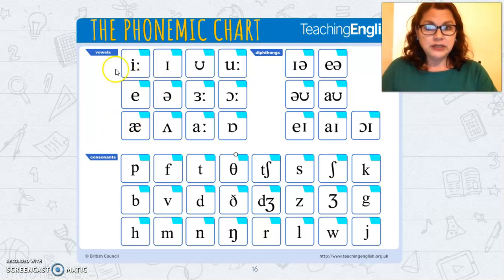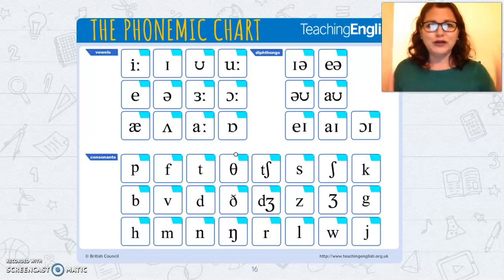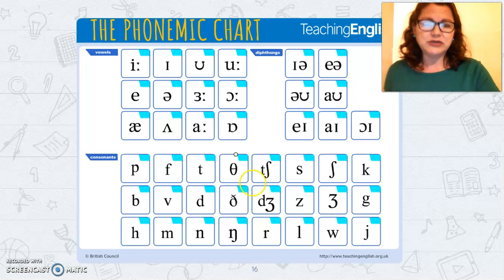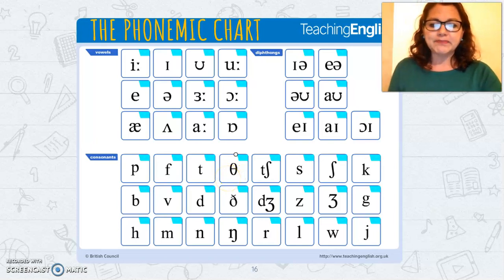And you can see the vowels, diphthongs, consonants. I think with this material you can learn a lot, and you can use this material to learn the correct pronunciation of the vocabulary in English.